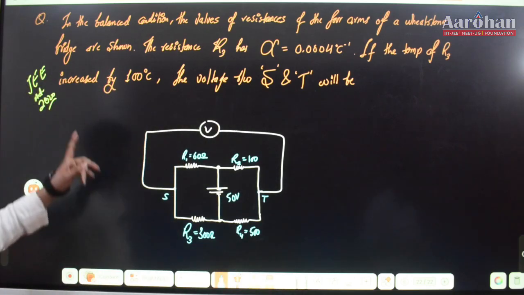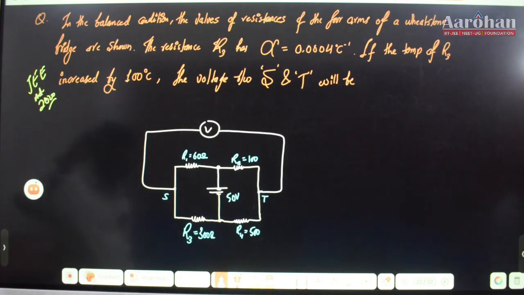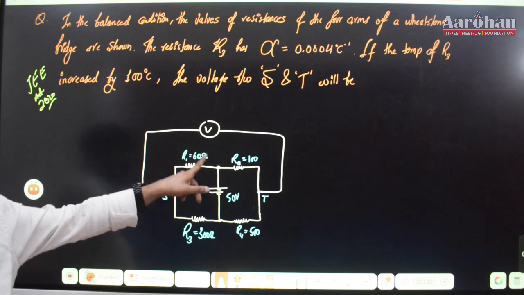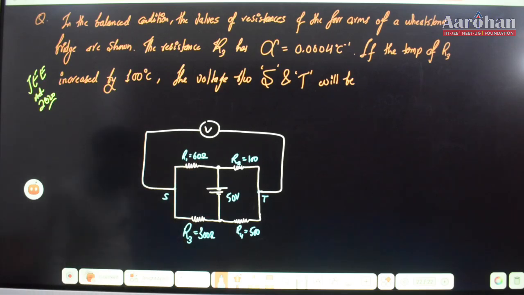In the first case, it says it is a balanced Wheatstone bridge, meaning there won't be any current in the middle branch. But as they said R3 has some alpha, the resistance will be a function of temperature, right? And the temperature has been increased by 100 degrees Celsius.